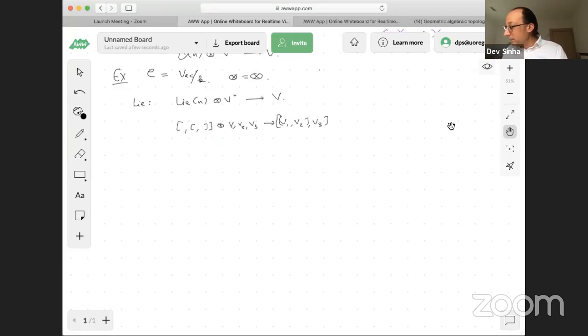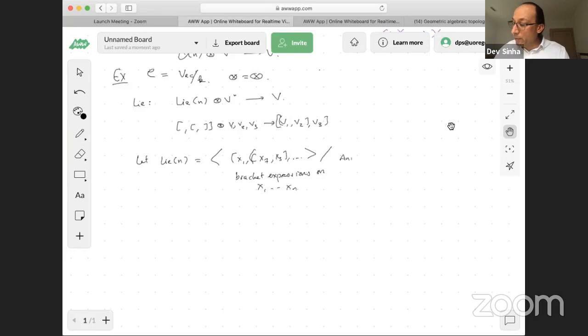So conversely, let Lie of n be the linear span of all bracket expressions on n letters, but I'm going to then quotient by anti-symmetry of the bracket and the Jacobi identity.